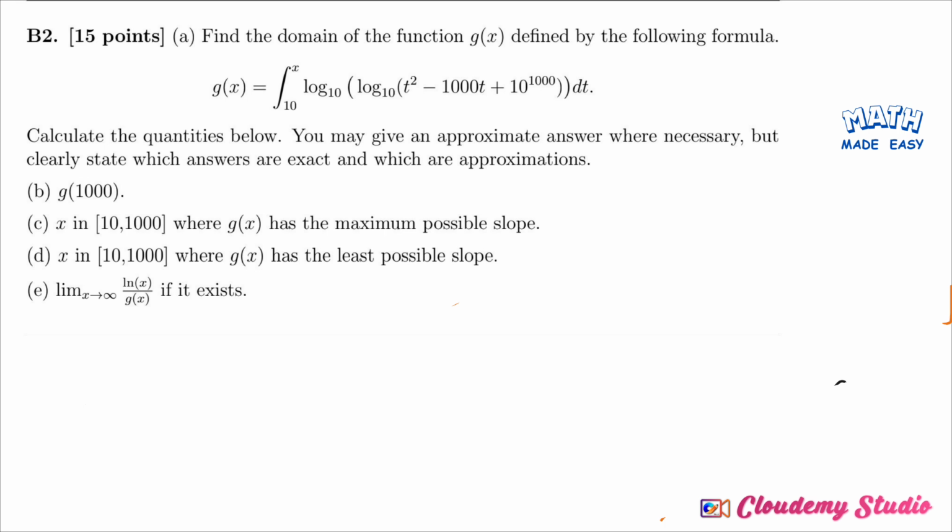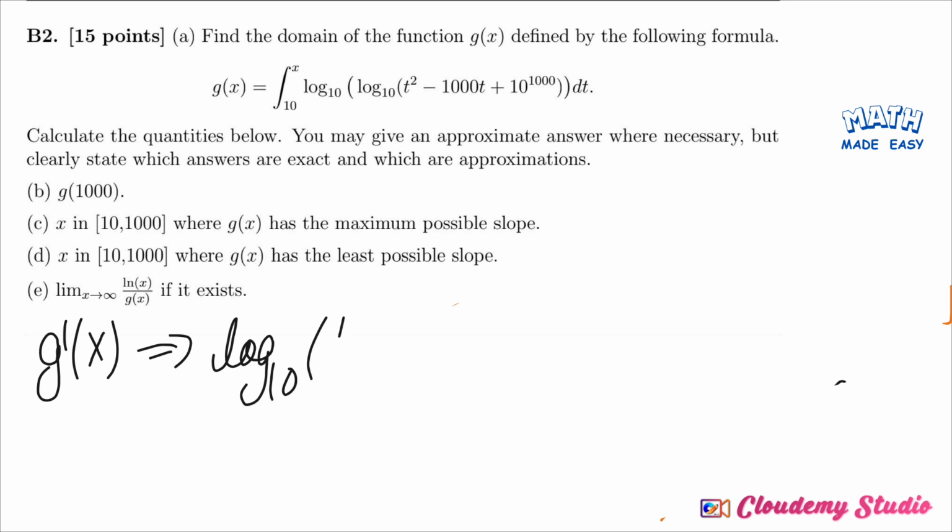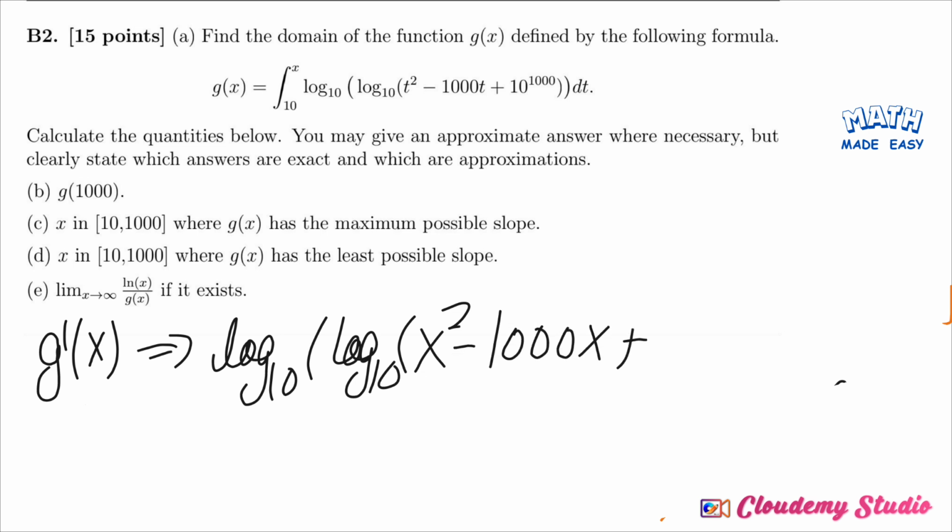Now the slope of G, we know, is G dash of x, which is log base 10 of x square minus 1000x plus 10 raised to power 1000.